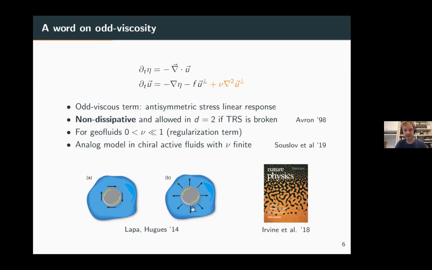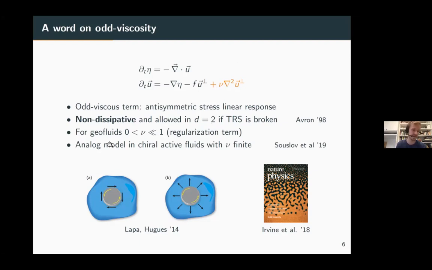Whereas with odd viscosity, it would have a transverse reaction. So it's really a strange term, but this term is allowed, in particular in dimension 2, if time reversal symmetry is broken, which is the case here because we have the Coriolis force.